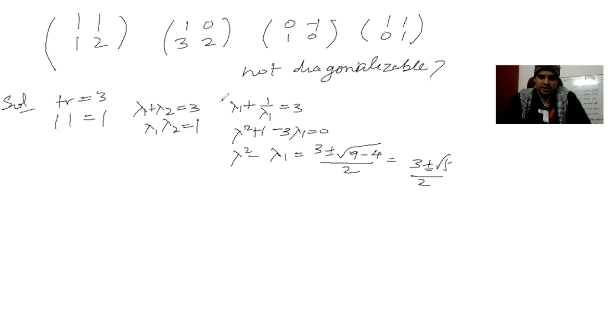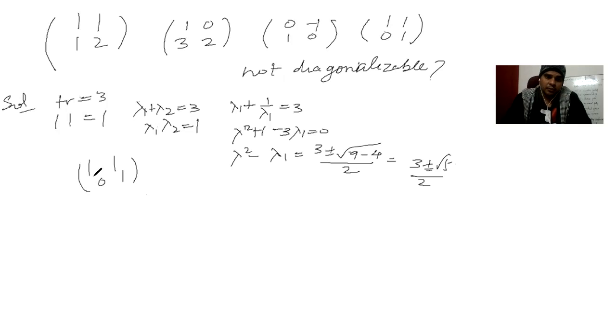And in the fourth case, the matrix 1, 1, 0, 1, we have eigenvalues which are 1, 1 repeated, since this is a triangular matrix, but we have to check whether it is diagonalizable or not.